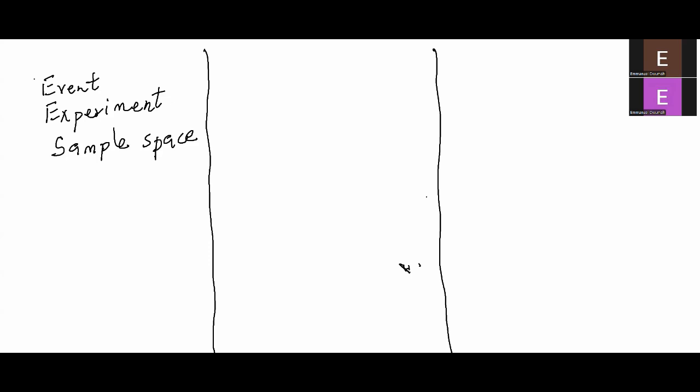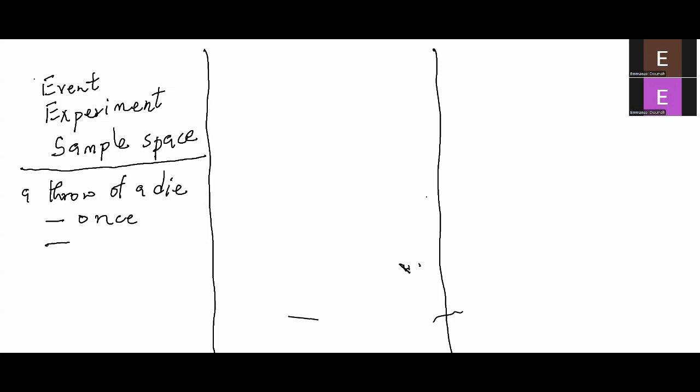Okay, so the experiments we are going to concentrate on will be a few. First of all, we are going to concentrate on a throw of a die. So the throw of the die can be once, it can also be twice.